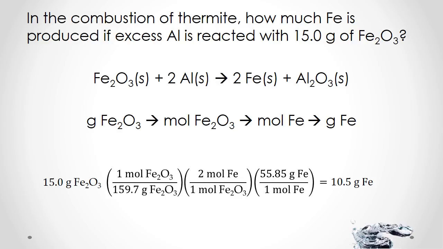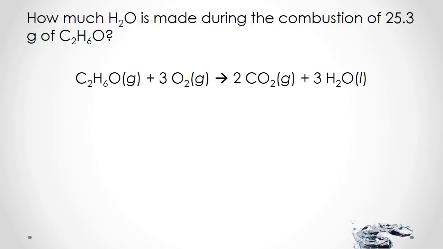I know this video is getting a little long and we've done this 1 or 2 times already, but let's try one more example. How much water is made during the combustion of 25.3 grams of C2H6O with excess oxygen?